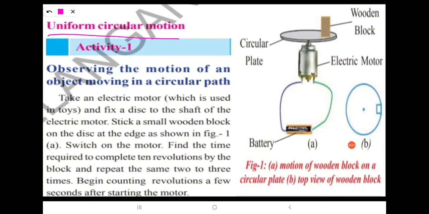So in this chapter, we are going to learn about gravitation and center of gravity.